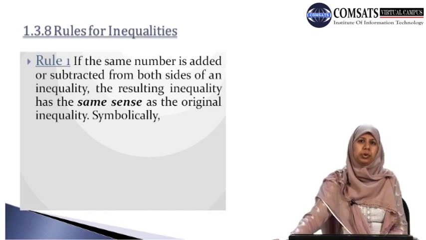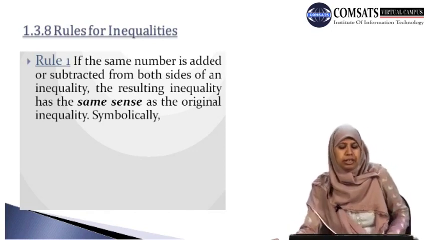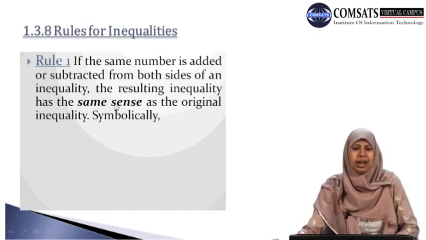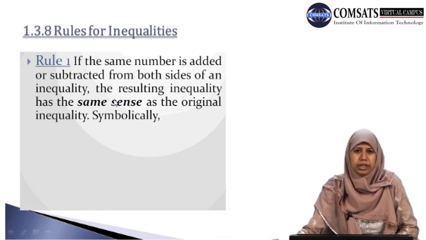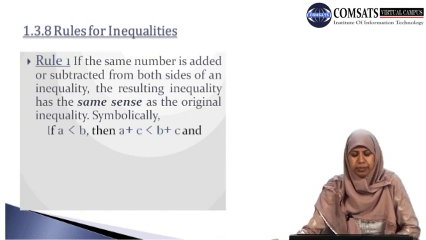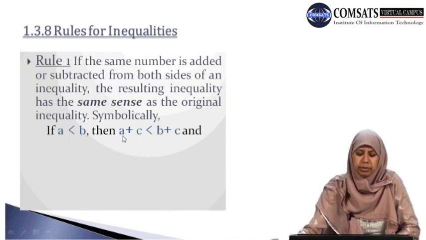Our rule 1: if the same number is added or subtracted from both sides of an inequality, the resulting inequality has the same sense as the original one. For example, if we have an inequality a is less than b and c is some number which we want to add on both sides, then a plus c will always be less than b plus c.